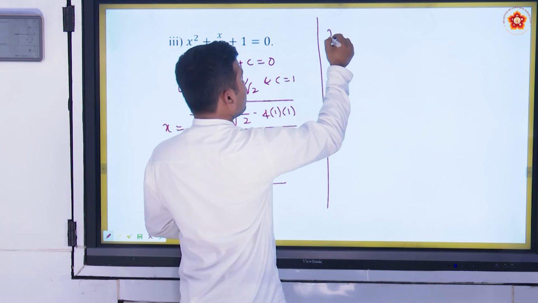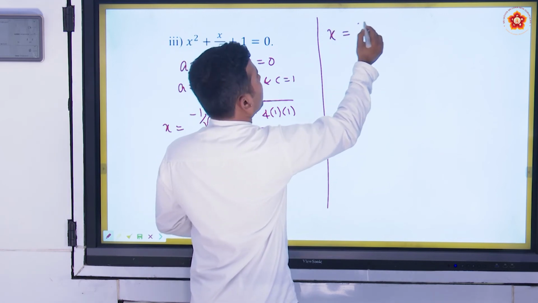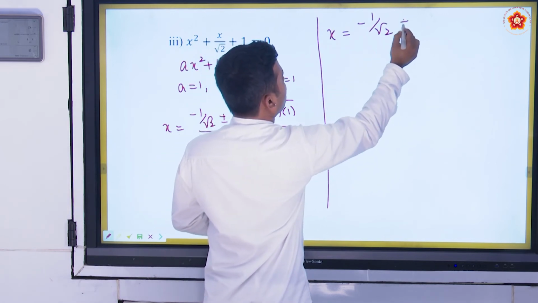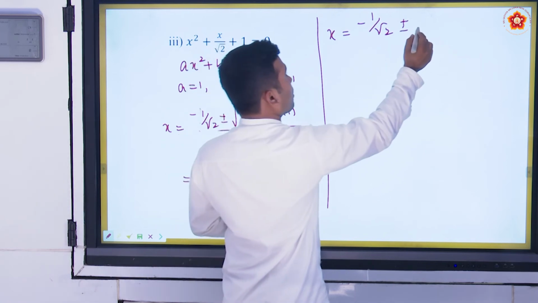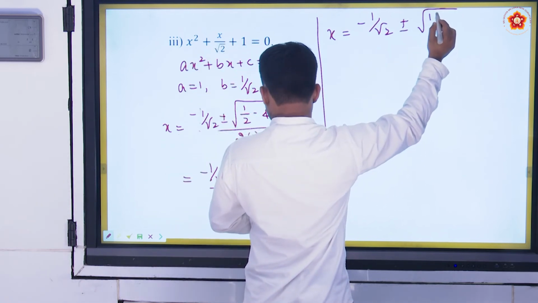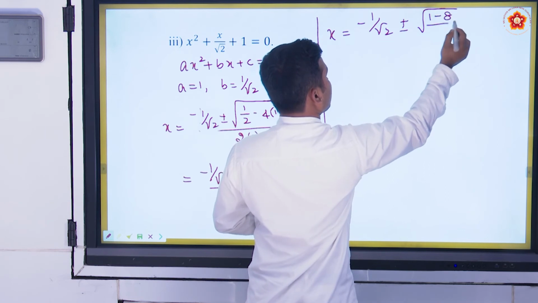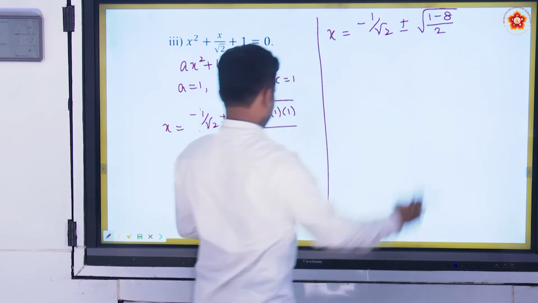So, that is x is equal to minus 1 by root 2 plus or minus, this will be 1 minus 8 divided by 2. Understand?